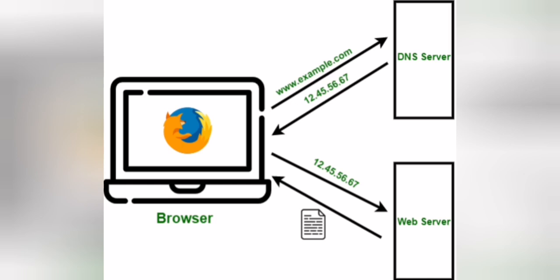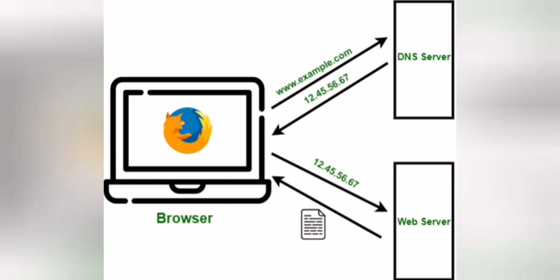For example, if a certain human wants to reach www.example.com or google.com or youtube.com, this is something recognized by a person, but for a computer, as it is a machine, this means nothing. Here is where the DNS comes along.